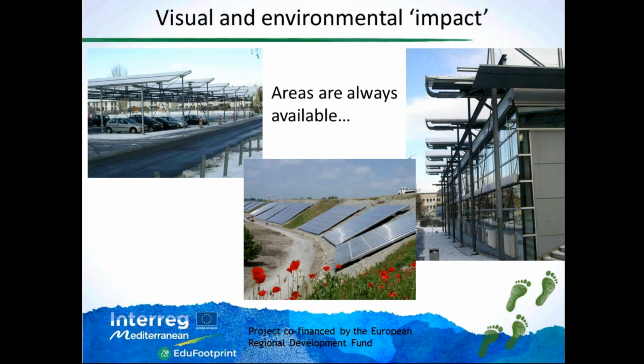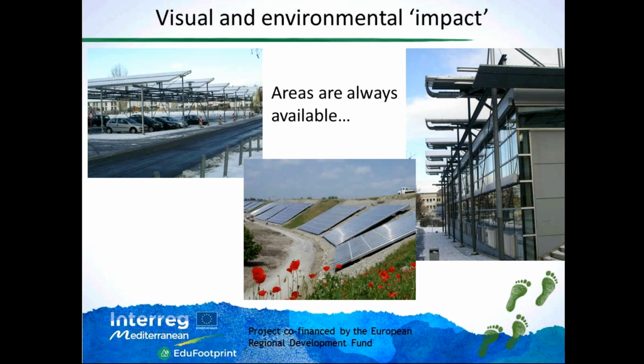So first of all, it's true that, of course, solar energy is less dense than energy coming from fossil fuels. So you need a larger area, a larger surface to produce the same amount of energy. But at the same time, we are talking about solar energy in buildings.